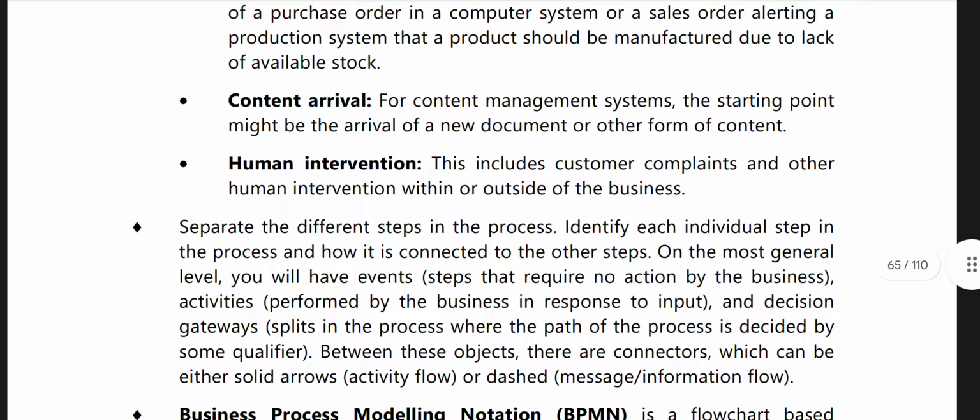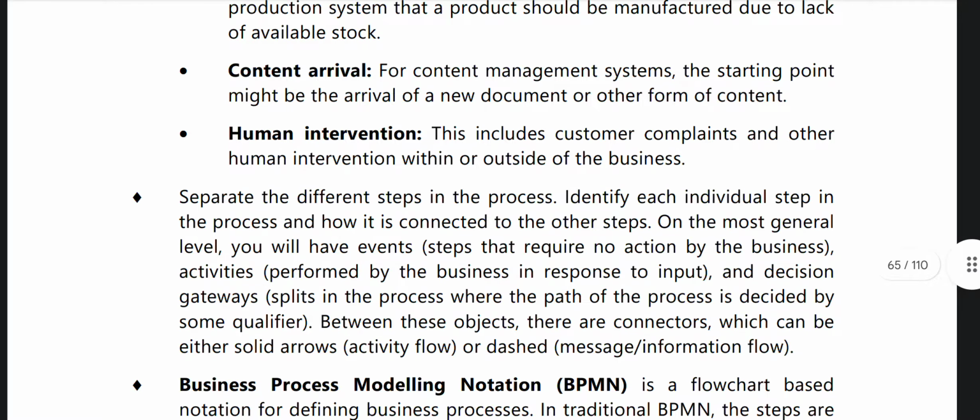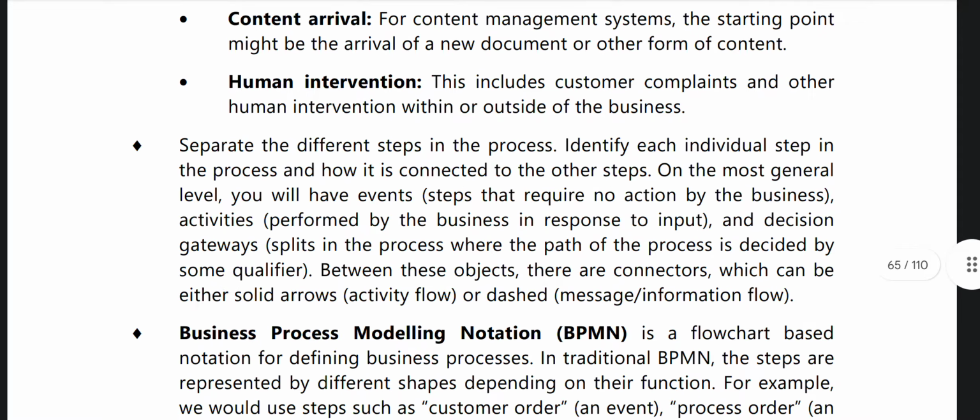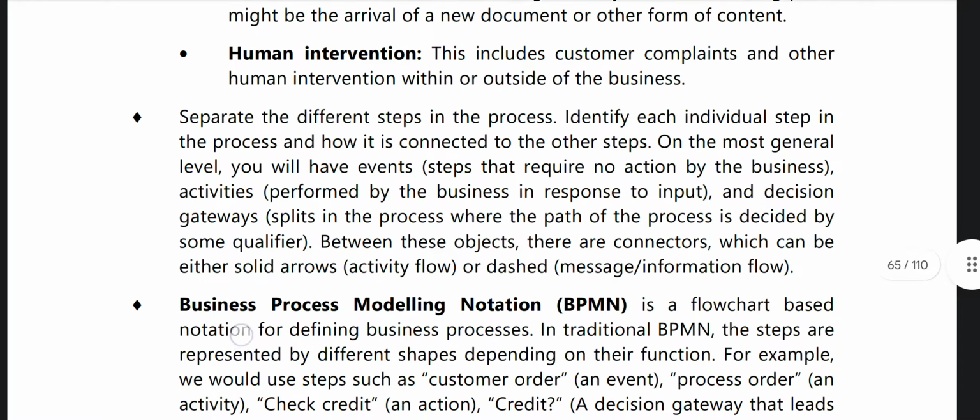Content arrival, for a content management system: the starting point may be the arrival of a new document or other form of content. Because of human intervention, this includes customer complaints and other human intervention from outside of the business.